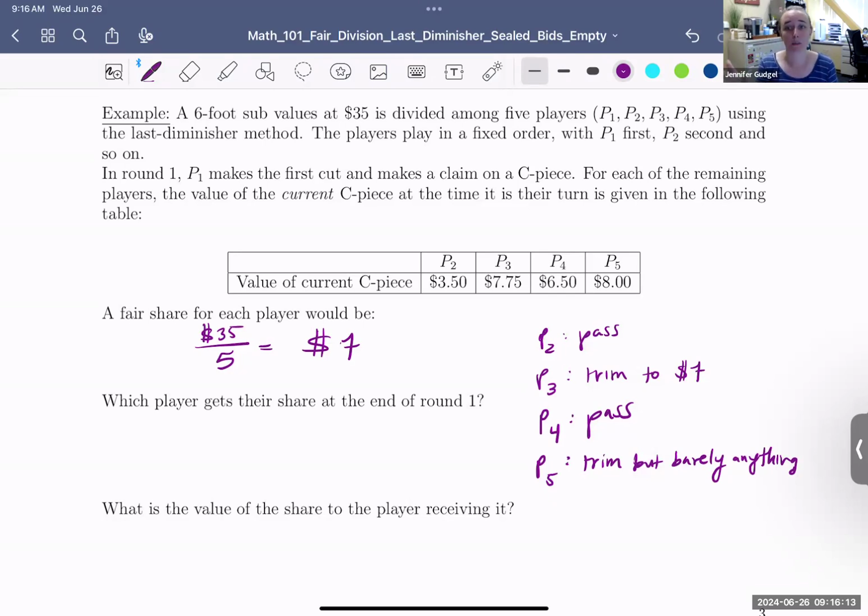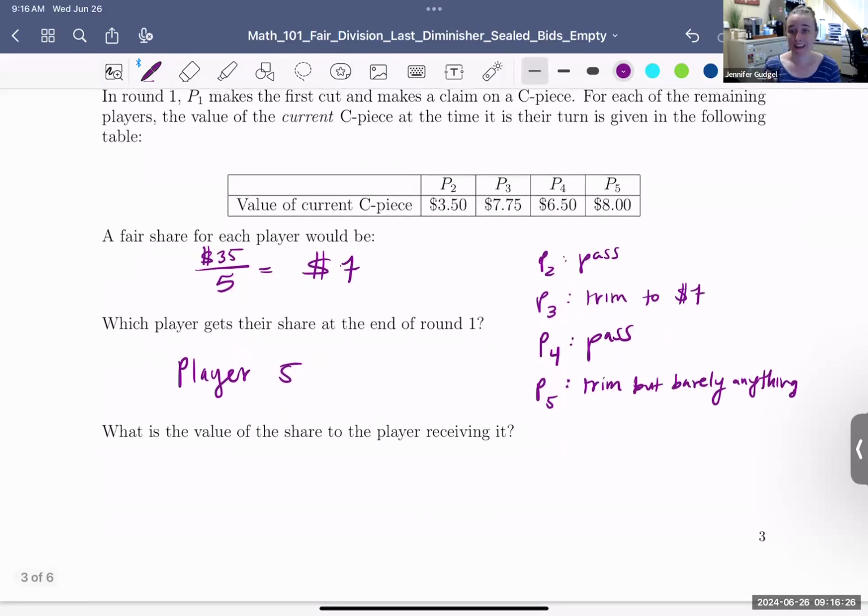Since it was the last person that got to trim here, they trimmed, but barely anything. So player 5 does get this at the very end. The last player in line gets to keep it, but it's not worth the minimum $7, because they barely flicked off a little sesame seed, maybe a fraction of a penny.